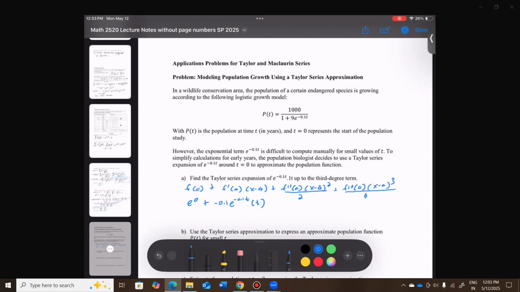And then second derivative, 0.1 squared e to the negative 0.1 t times t minus 0 squared, which is just t squared over 2, plus a negative 0.1 cubed e to the negative 0.1 t times t cubed over 6.